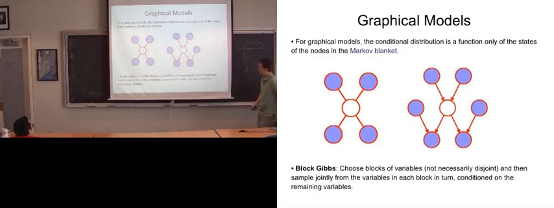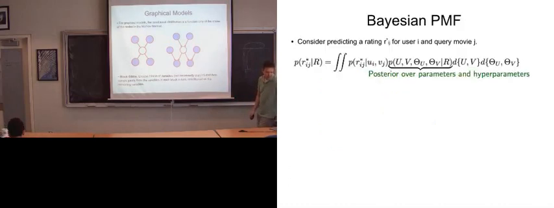Same thing goes for directed graphical models. And there's a notion of block Gibbs sampling: you choose blocks of variables so that you can sample them jointly in each block, conditioned on the remaining variables. So these are alternatives to Gibbs sampling.